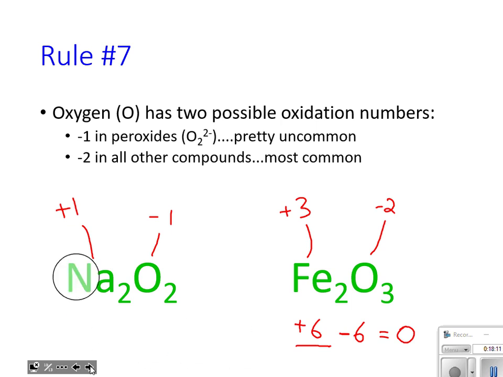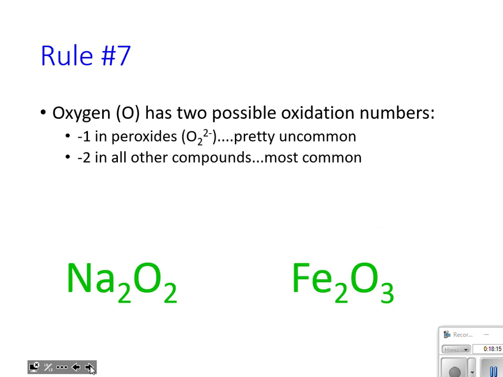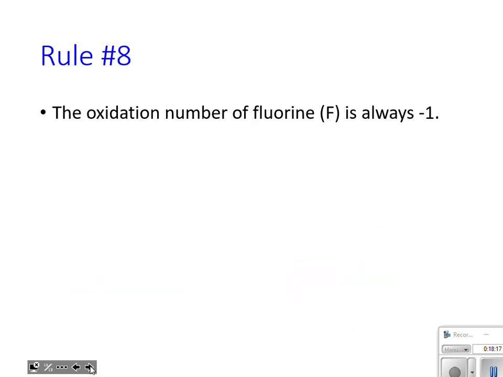Rule number 8 states that the oxidation number of fluorine is always -1. Now that makes sense because if you go back to rule number 2, rule number 2 said that the more electronegative element takes the charge of its anion, right?